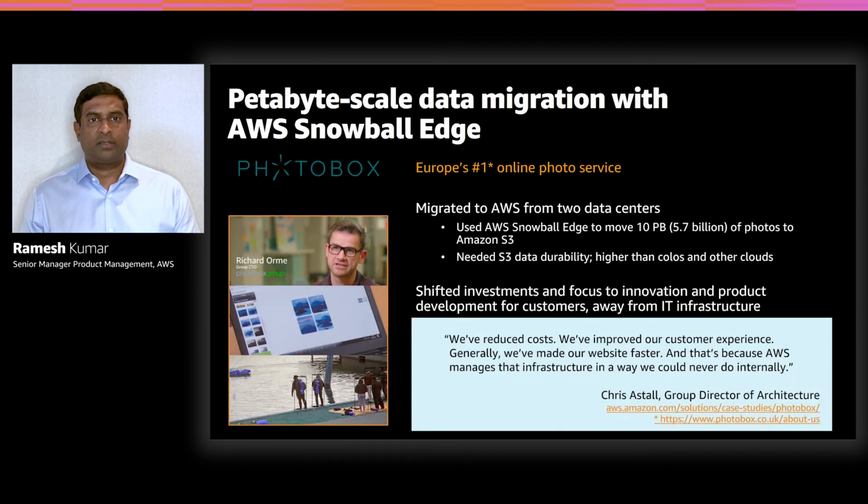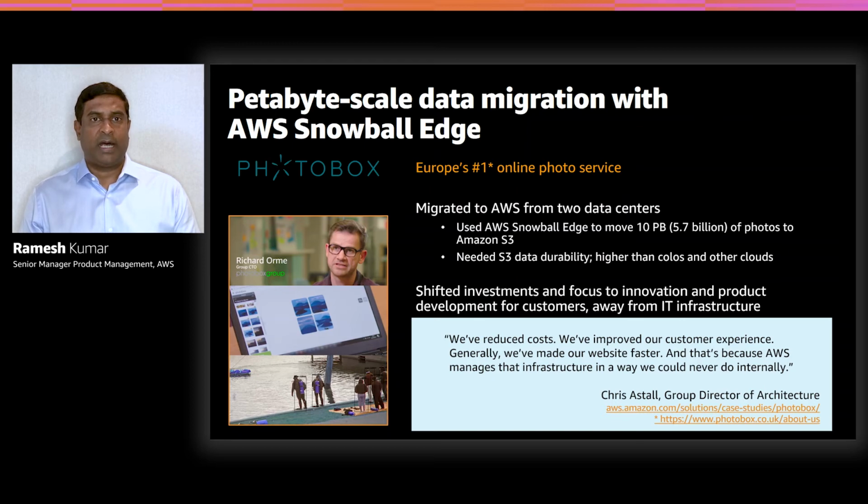I'll provide you with a couple of examples of customers who've used multiple Snowball Edge devices to complete large data migrations. Photobox is an online photo products company which serves millions of customers in Europe.